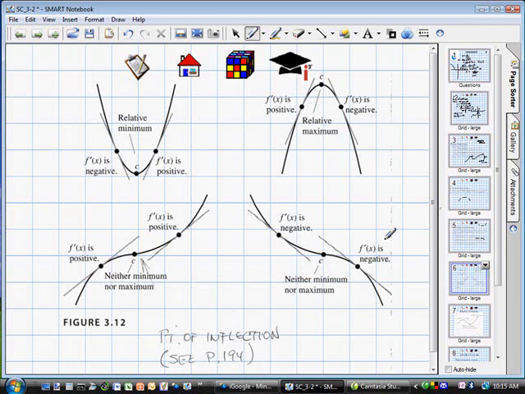What do you think it's going to be here at an inflection point? The second derivative will be right kind of in between, 0. So when a second derivative comes out to 0, you go, aha, you got an inflection point. Again, you're not going to find this in the book until the next lesson. But it just makes sense you should use this tool right away.